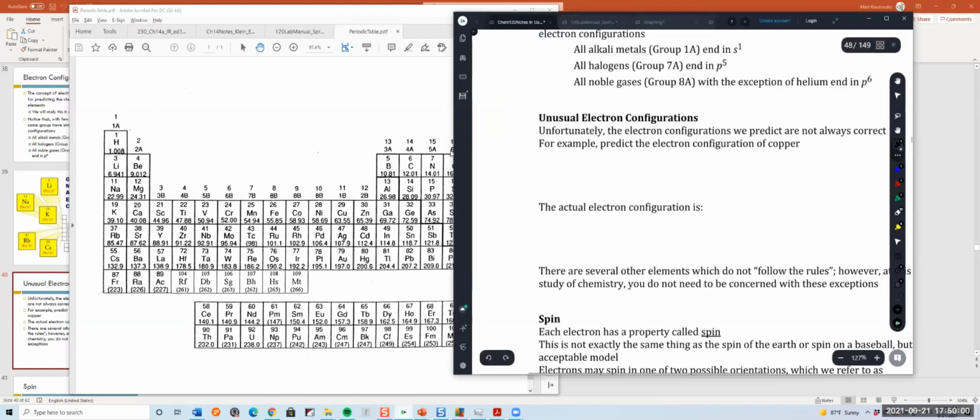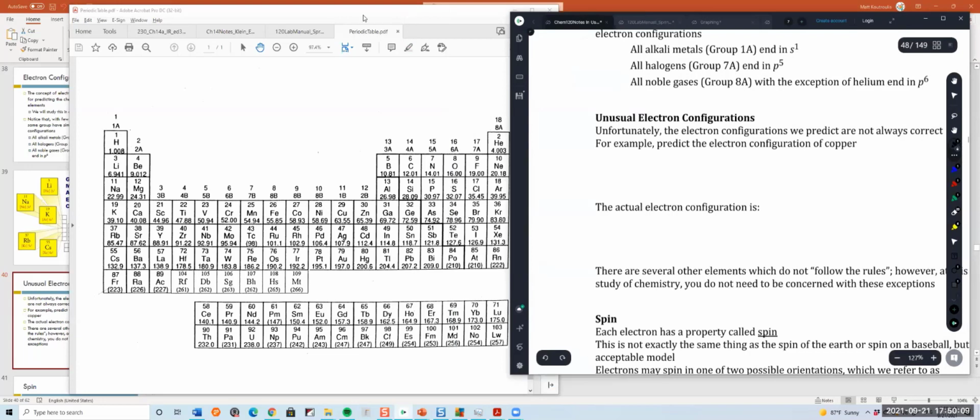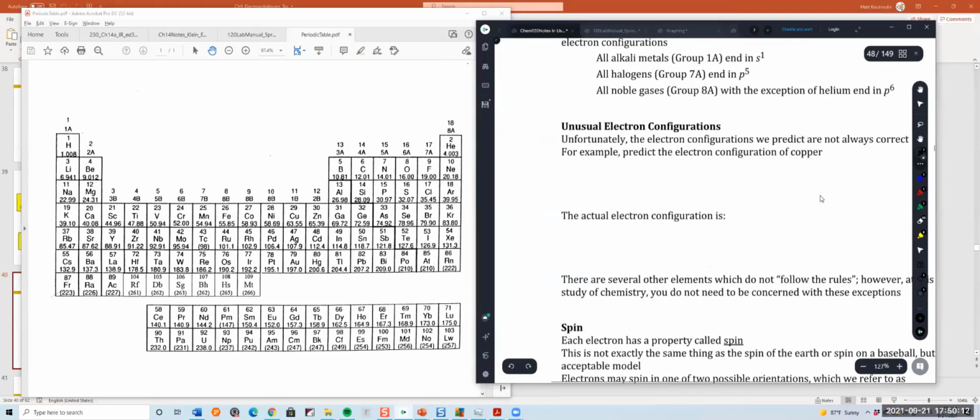Going backwards, the last noble gas was argon, so it should be argon 4s2 3d9.